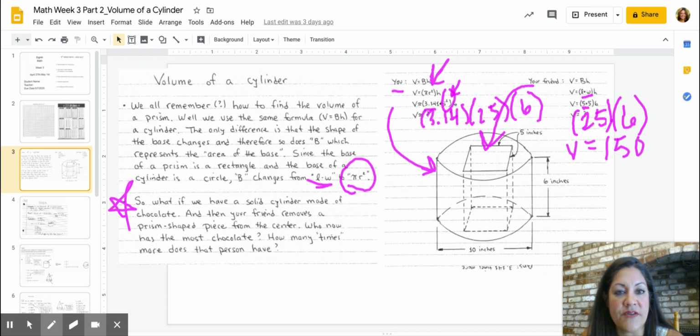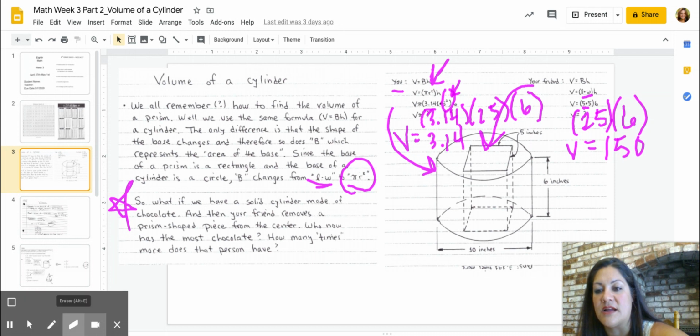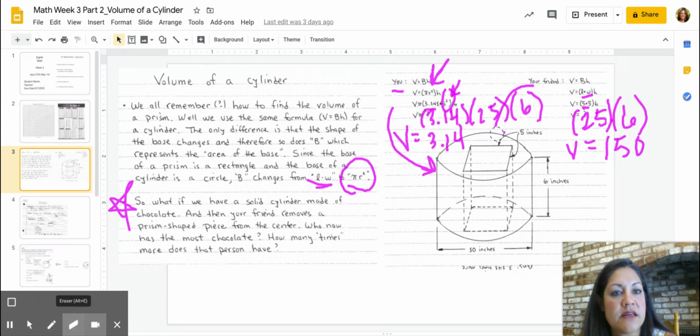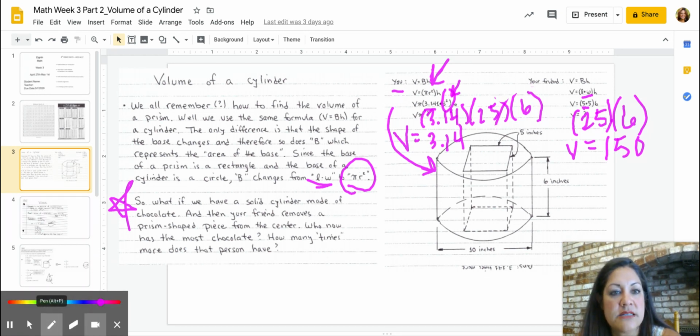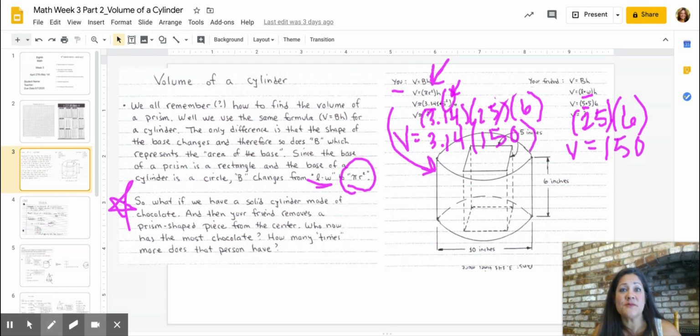And for you over here, you still have 3.14 times 150, because you also have the 25 times 6. So here's what I want to show you.